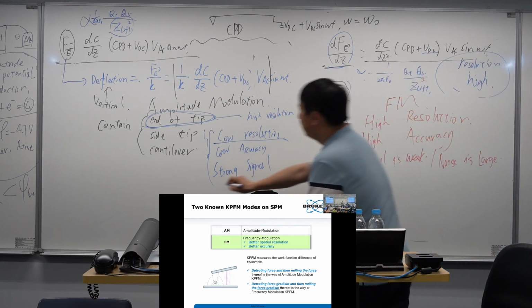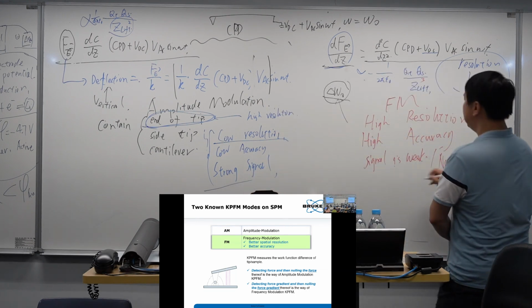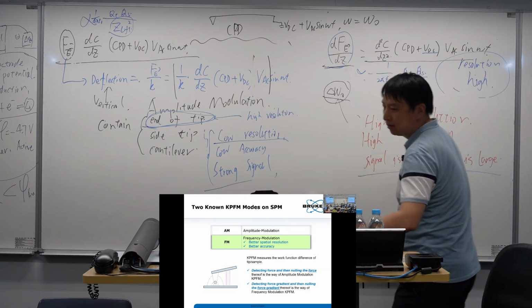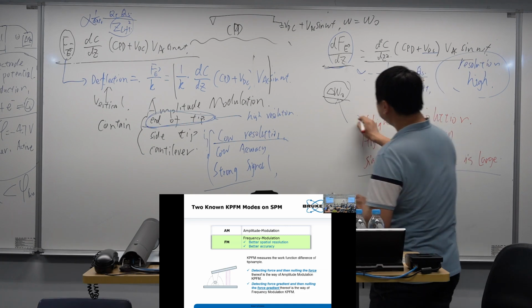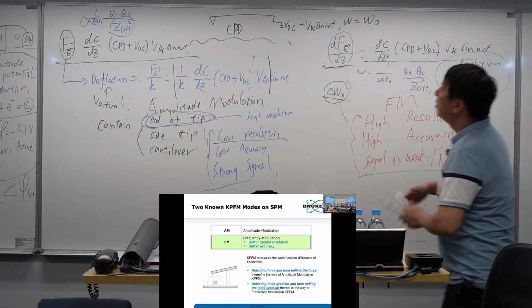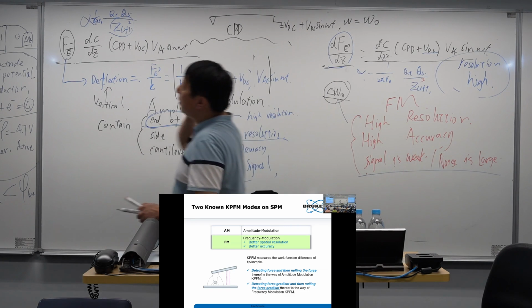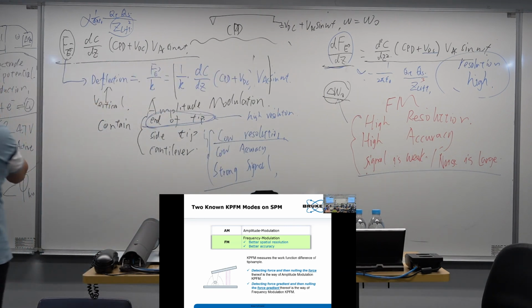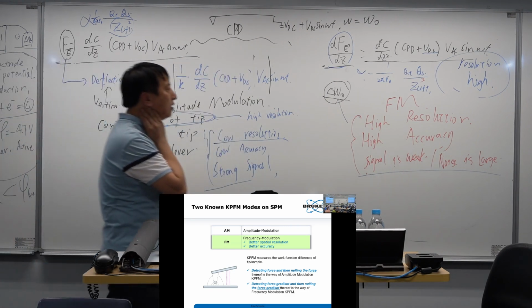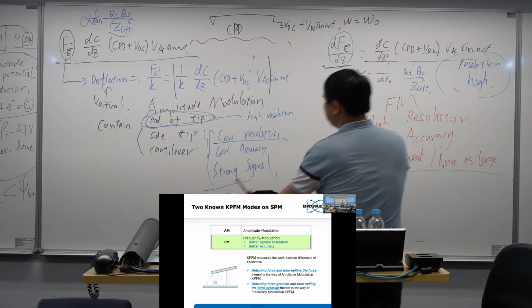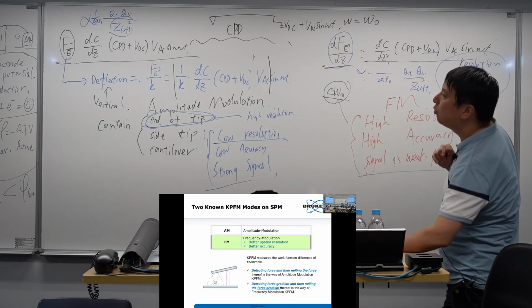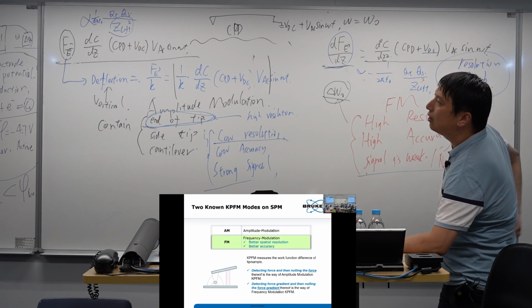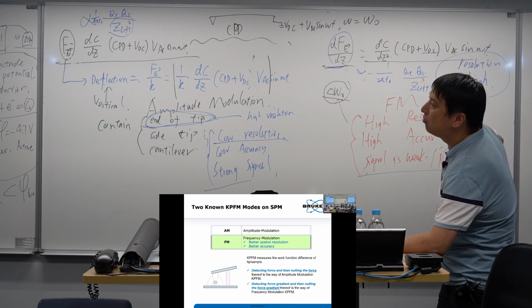Okay, so those are the two properties. In the hands-on session, you can try both, and you can just feel which one is more preferable for you.